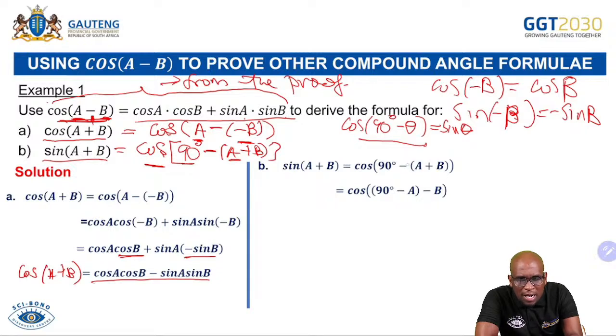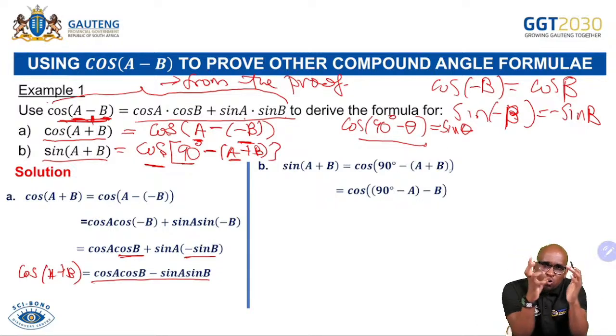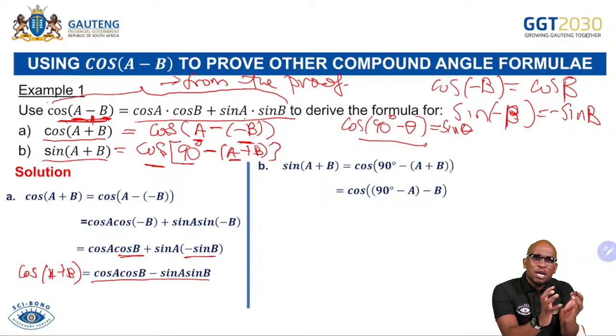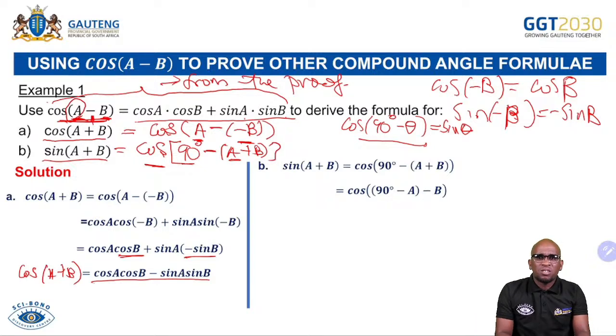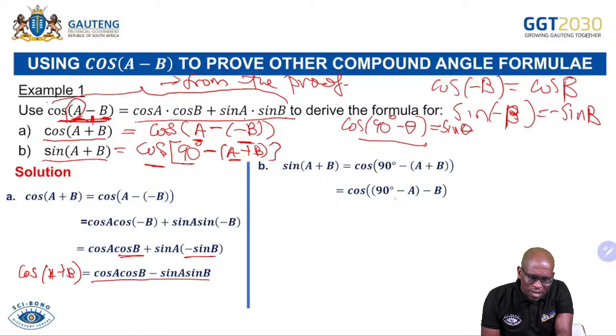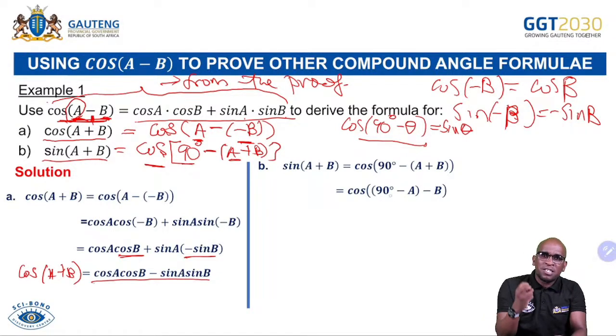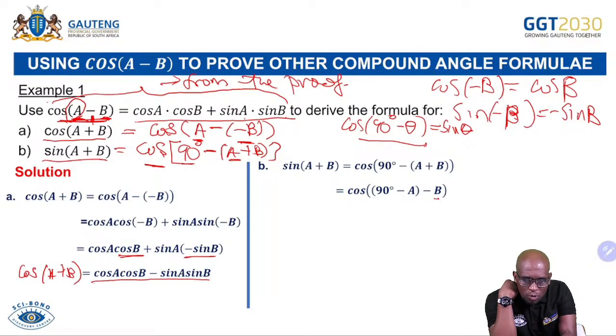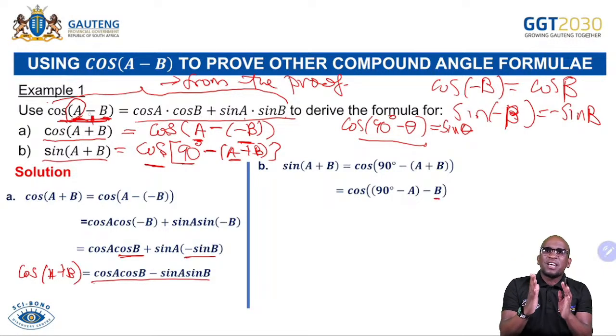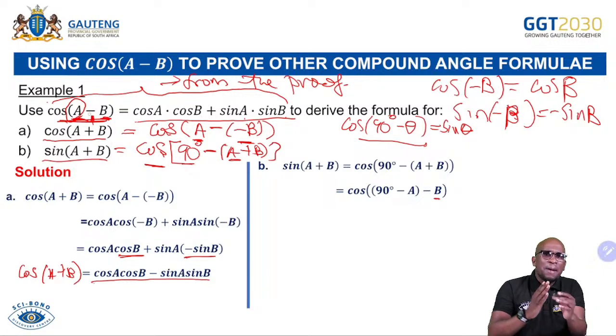We are going to get 90 minus A minus B. Then we group 90 minus A so that it becomes the first angle, because you can see here the first angle must contain A and the second angle must contain B. So this first angle contains A, it is written as 90 minus A. And the second angle now is what? Minus B. So you can see that now this is written as the cosine of the first angle minus the second angle.